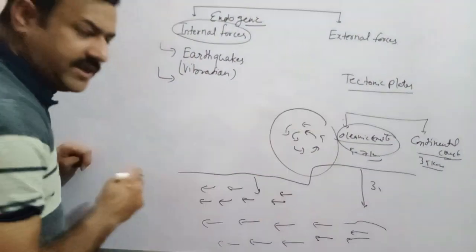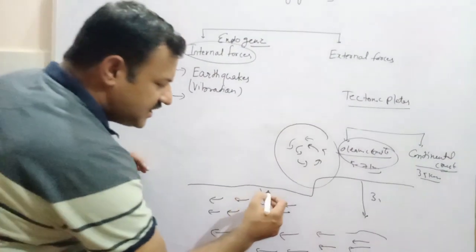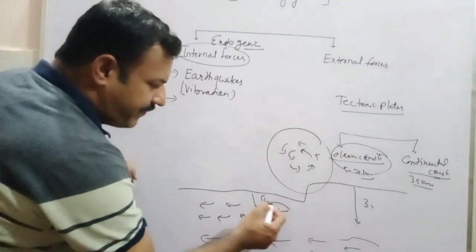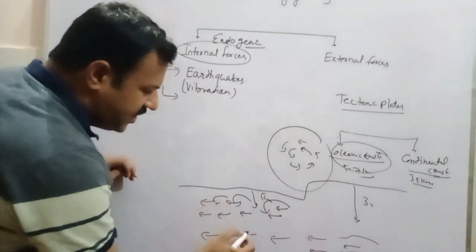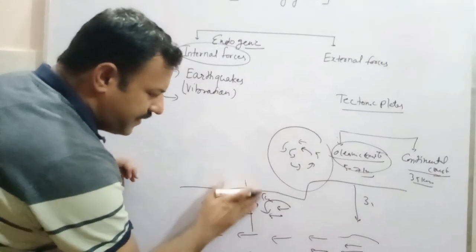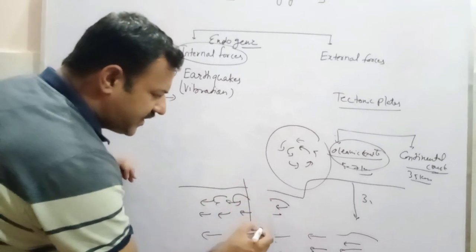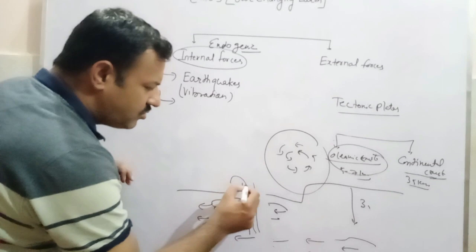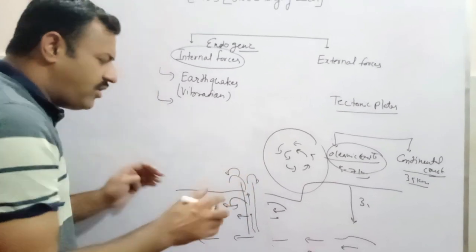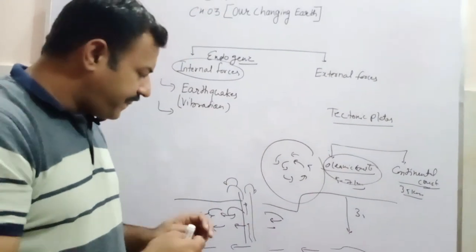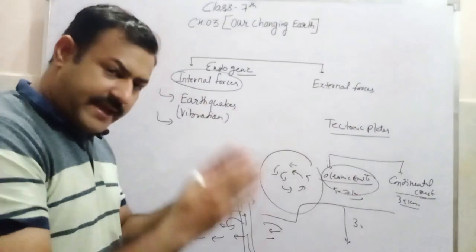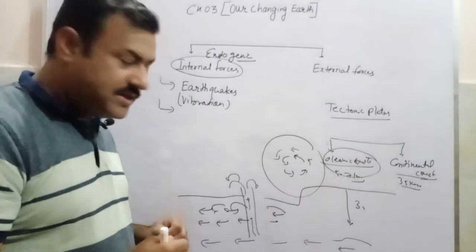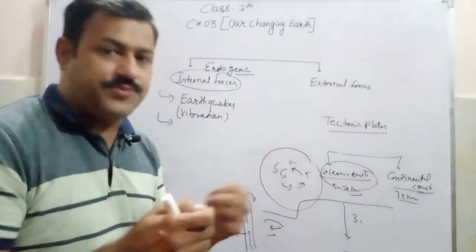But in oceanic crust it is not very thick, just 5 km thick. Sometimes when the pressure builds inside this magma, it cracks and breaks out this oceanic crust and makes a vent, or a way to come out on the earth crust. So this kind of coming out of the magma due to high pressure and breaking this oceanic crust is called volcanic eruption.